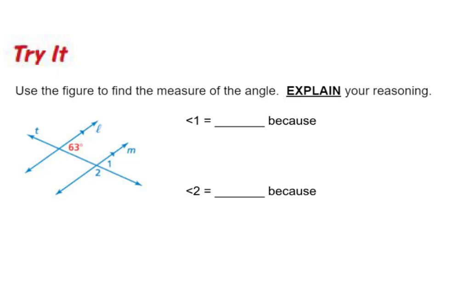So we see we have this angle at 63 degrees. And we could do what we've been calling a slide, where we could take that angle and we could bring it right down here to angle 1. So we know that angle 1 is 63 degrees.